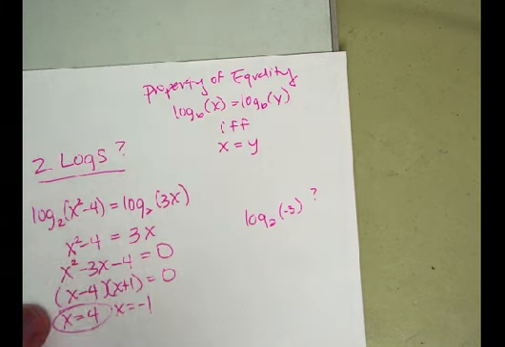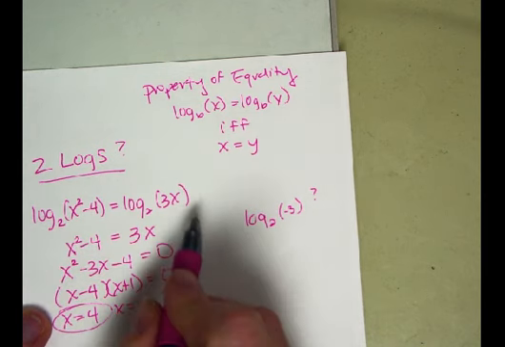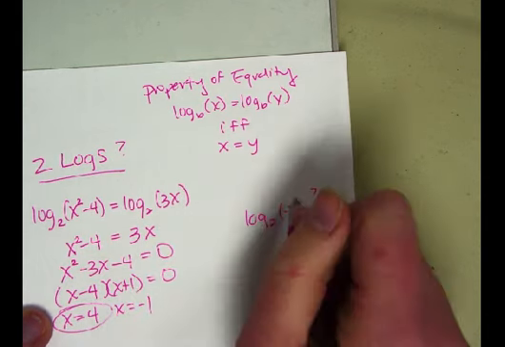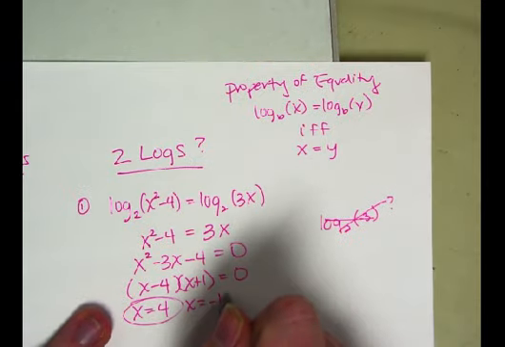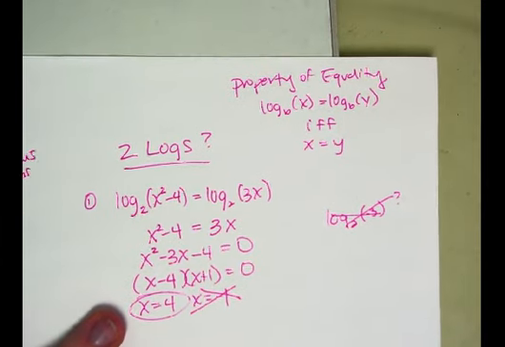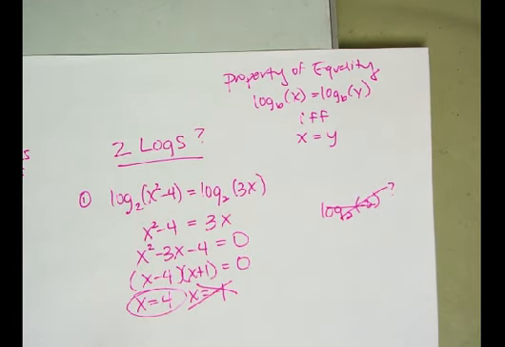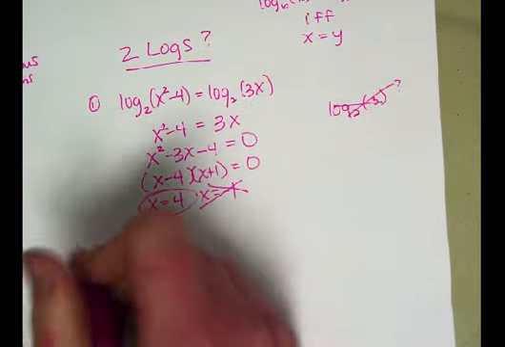There's nothing. There's no exponent that would get you a negative number. So that's why we would say that the argument has to have a positive value. So negative 1 is actually not a solution, and that's because when we plug it in, it's making the argument negative.